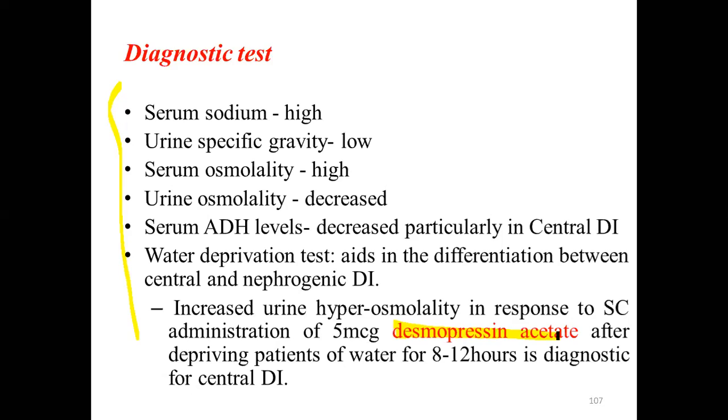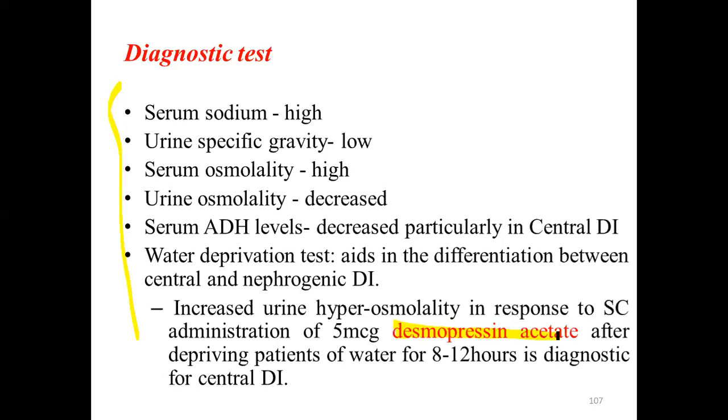Okay, so I know in the central one you're not producing ADH, and in the nephrogenic one you're not responding to ADH levels. So my thinking is, if you have central diabetes insipidus, then when you're given ADH during the test, you're going to respond, you're going to have concentration of urine.